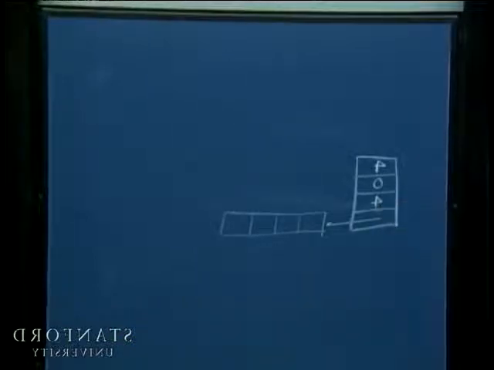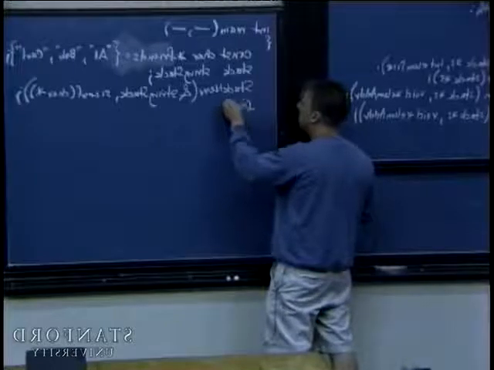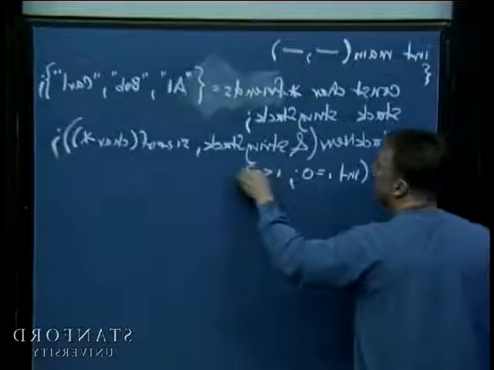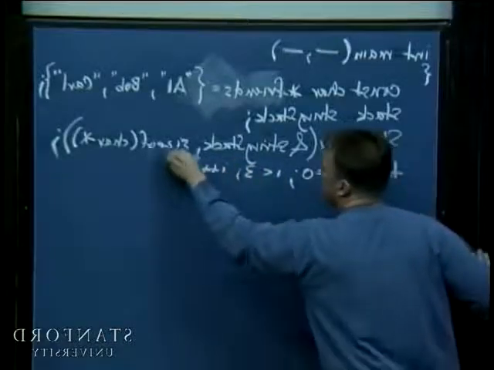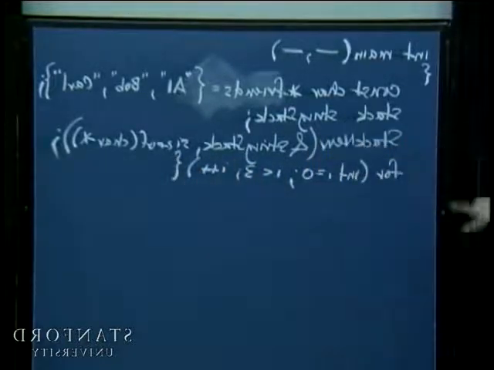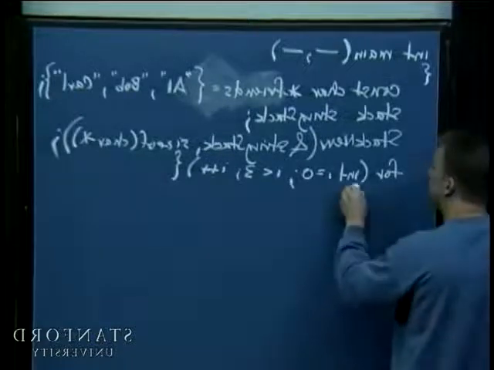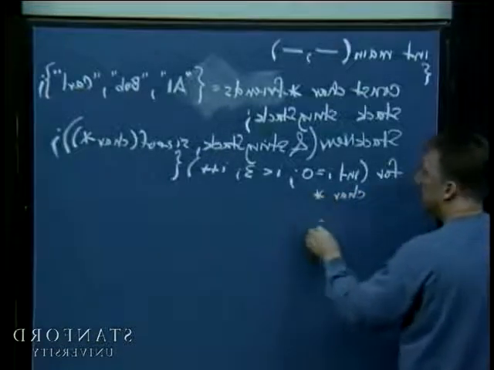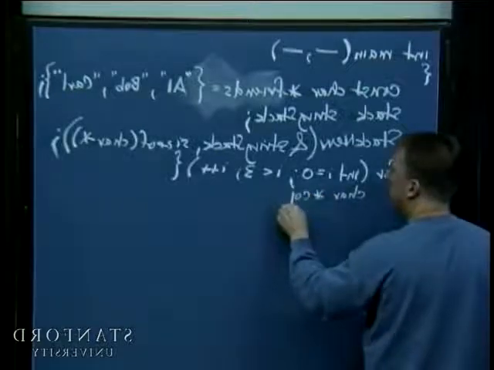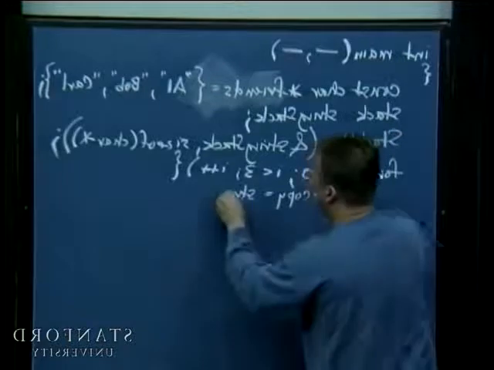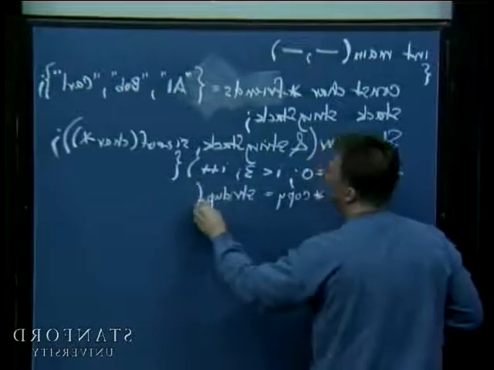What I want to do is a for loop from i equal to 0, i less than 3, because I want to make a copy of each one of those strings. I do this. Char star, I'll call it copy, is equal to strdup of friends of i.